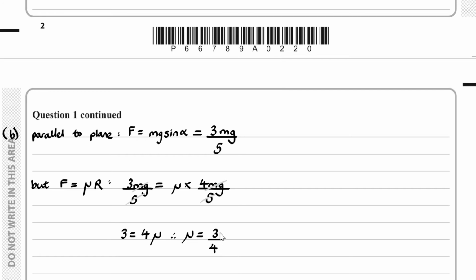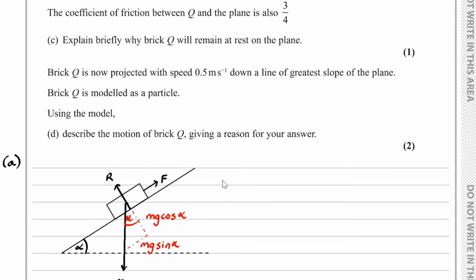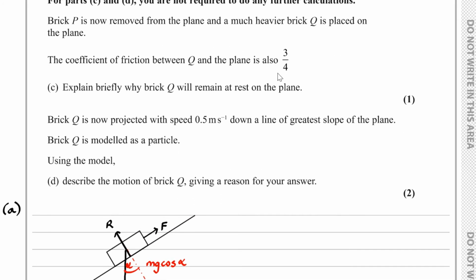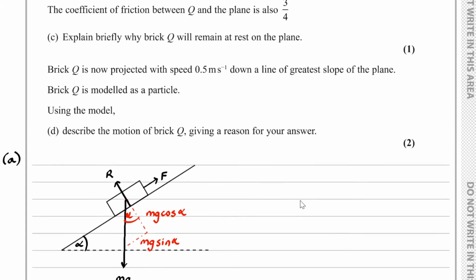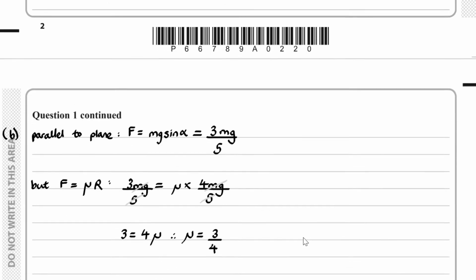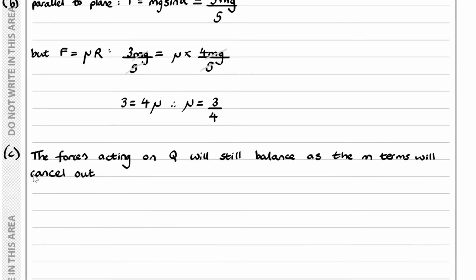That makes sense, because we were told that the coefficient of friction remains the same at 3/4. So we can say that the forces acting on Q will still balance, as the m terms will cancel out.